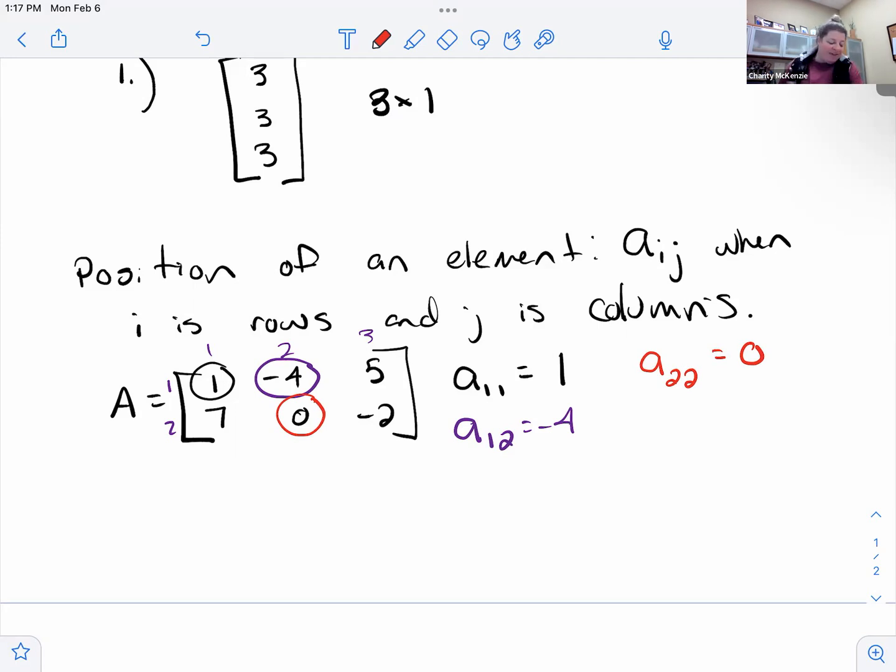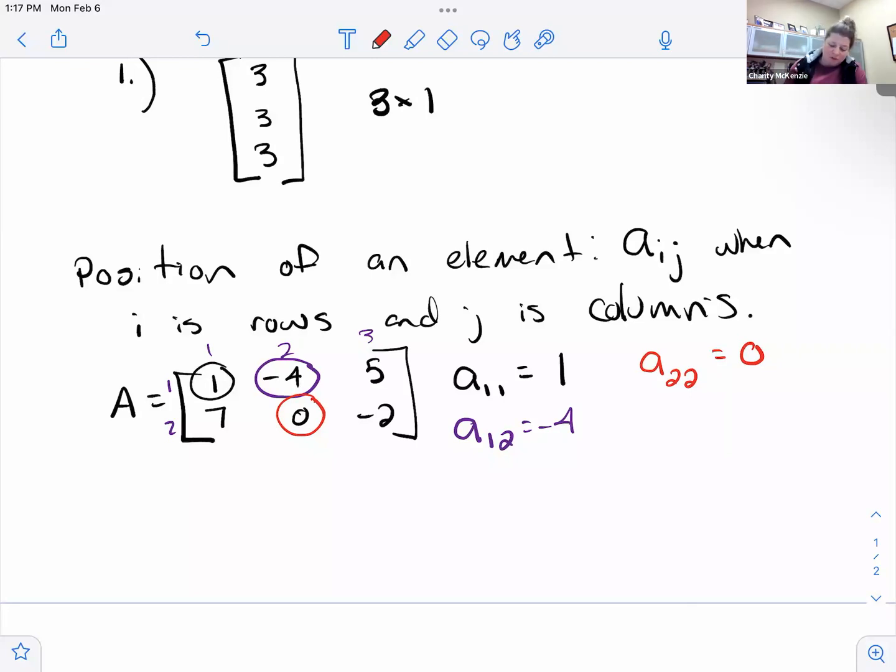Okay, if we have a square matrix, then obviously your rows and columns are matching. So sometimes we use the word square matrix, and we talk about its principal diagonal.